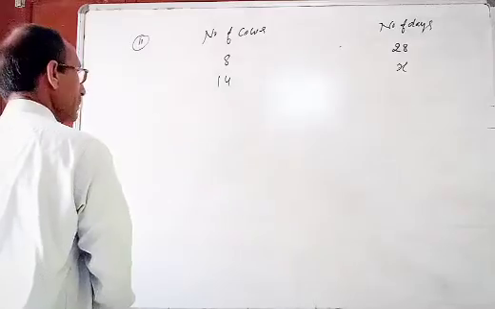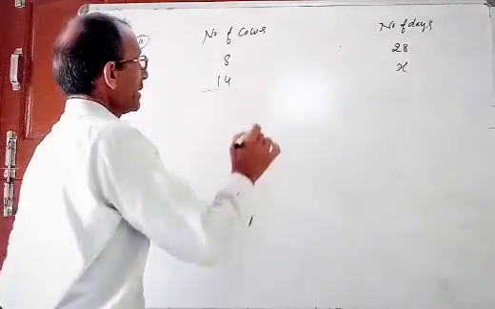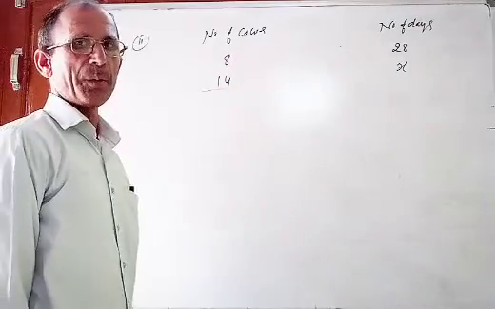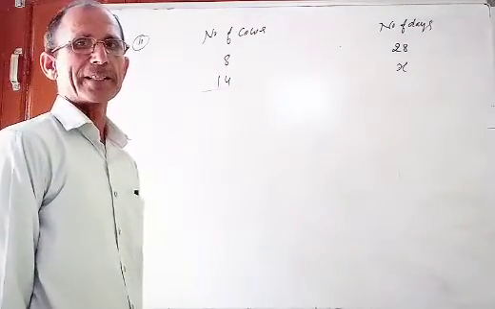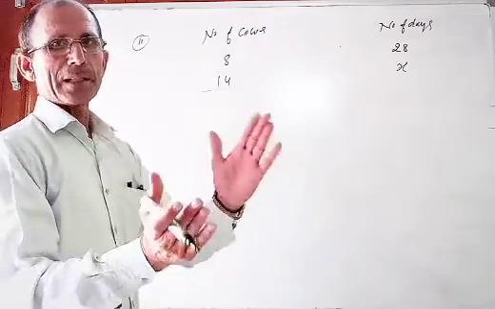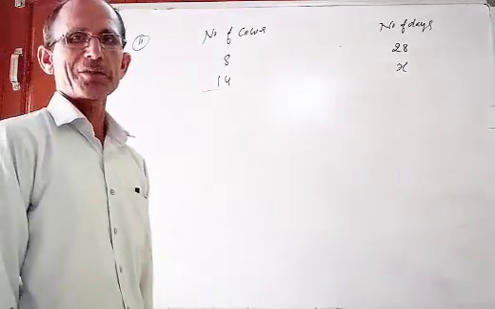You have to compare. If the number of cows is more, the field can be grazed in fewer days. More cows, less days. Less cows, more days. So this is inverse variation.